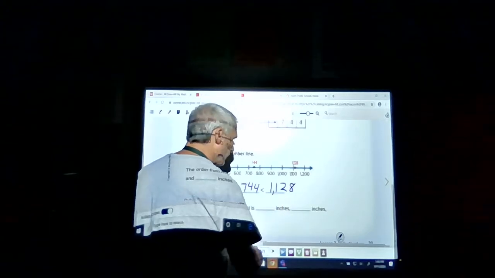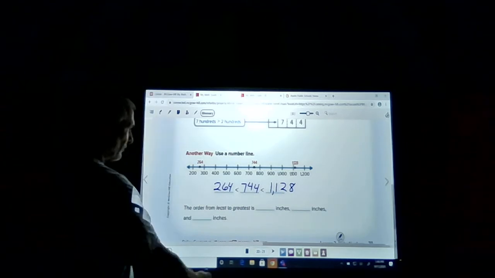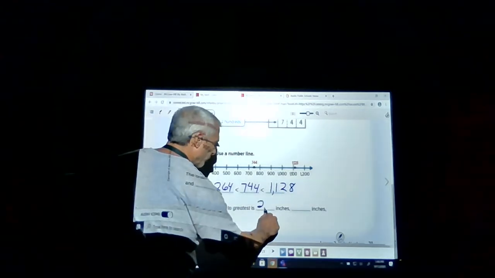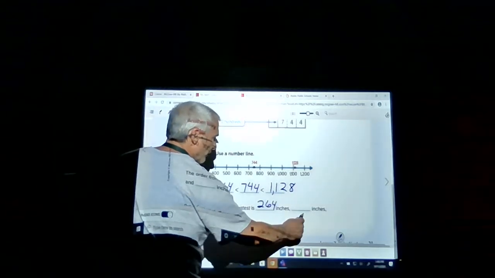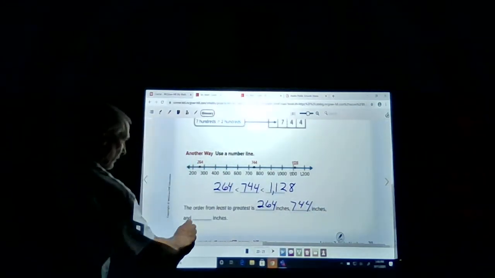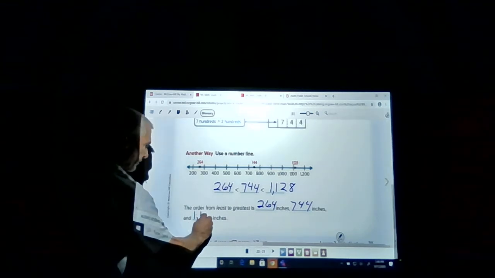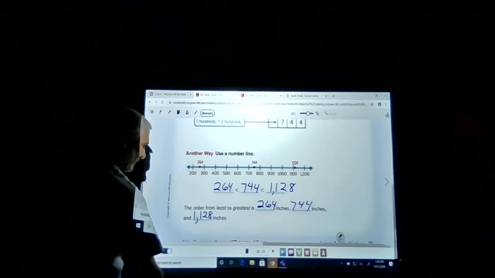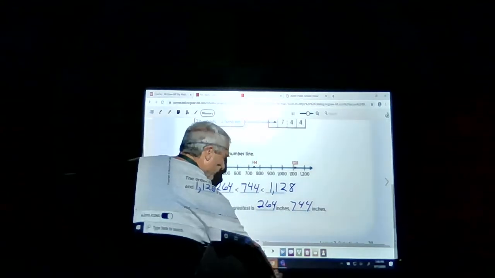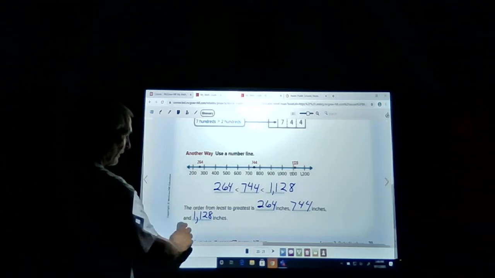Don't forget the comma, 1,000. The order from least to greatest is 264 inches, 744 inches, and 1,128 inches. You can push pause, make sure you've got that.